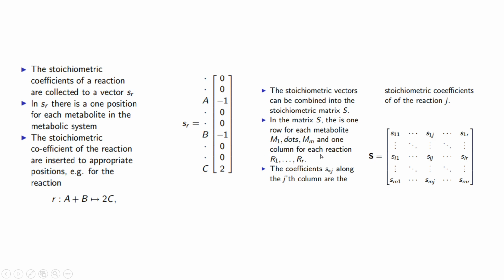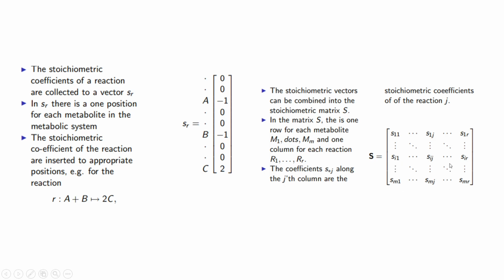And each column represents a reaction. So your matrix of the form M cross N will have M metabolites and N reactions, and the coefficients of Sj along the jth column are the stoichiometric coefficients of the reaction j. So these columns are representing each of your reactions.